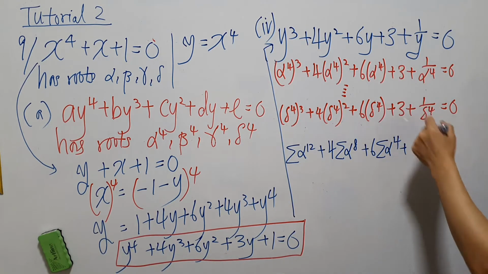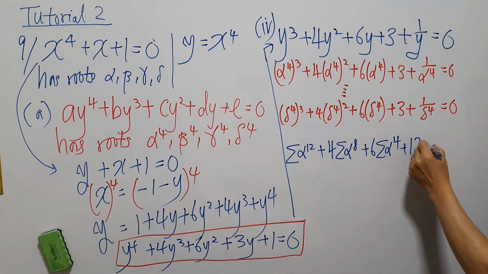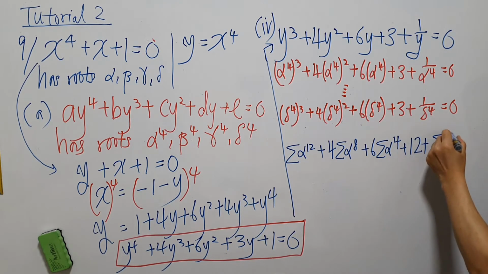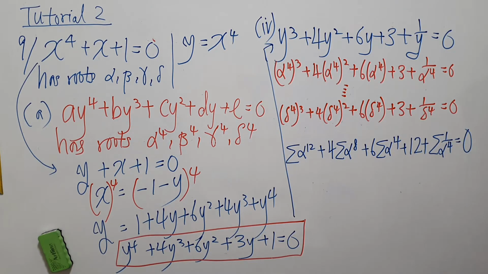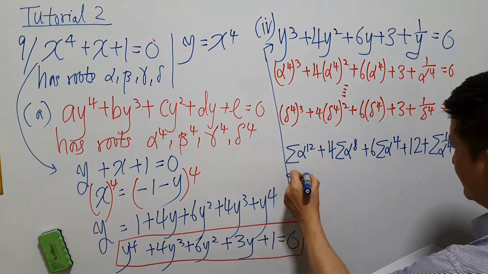Adding up this 3, 3, 3, 3, I get 12, plus summation 1 over alpha to the power of 4 equals 0. So you can see what's happening right now. Then what I need to do is put in all the numbers that I know of. This is what I intended to find.